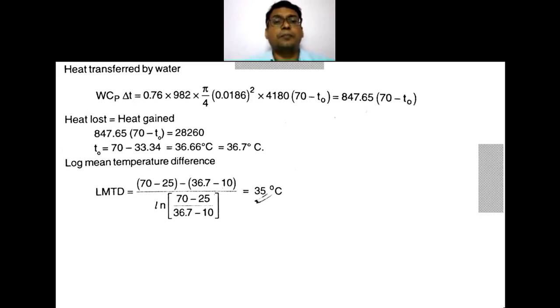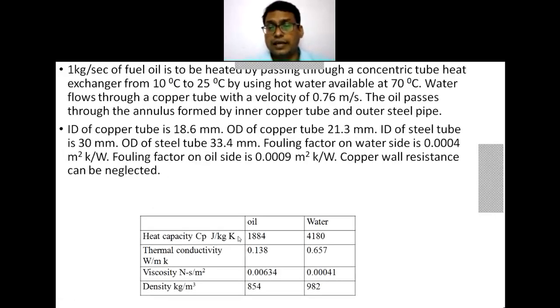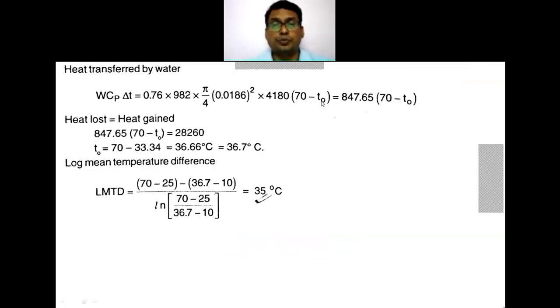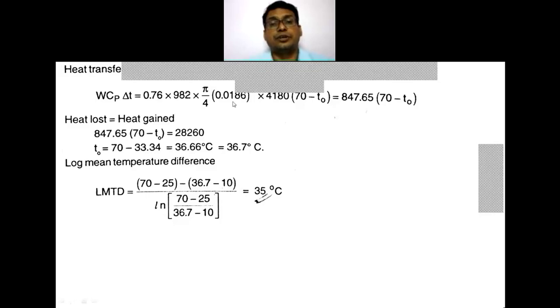So the heat transfer by water is m Cp delta T. For m, 0.76 is the velocity in meters per second, into the density, 982 is the density of water, and 0.76 is the velocity of the water flowing through the copper tube, into the cross-sectional area of the tube. So we are considering here the inside diameter, that is pi by 4 into the inside diameter squared.